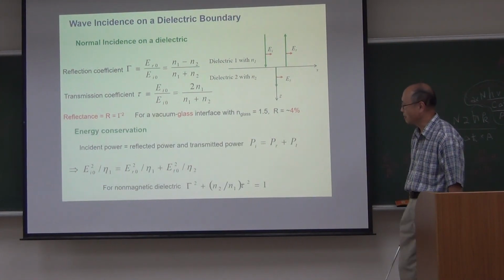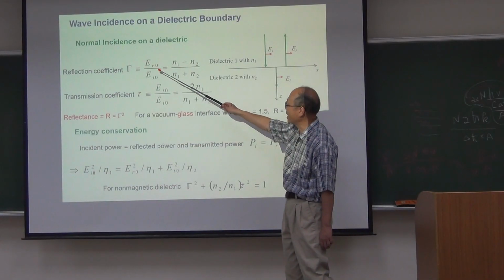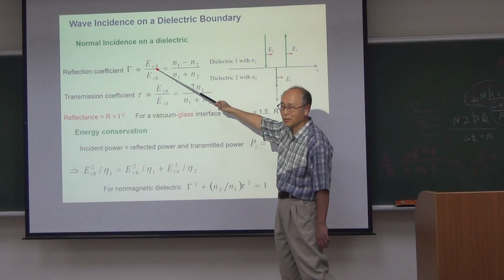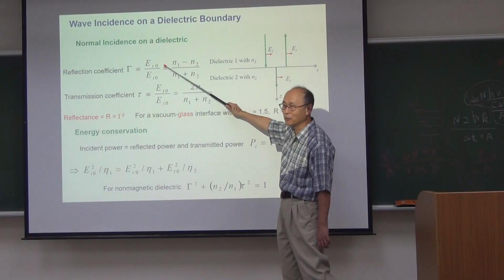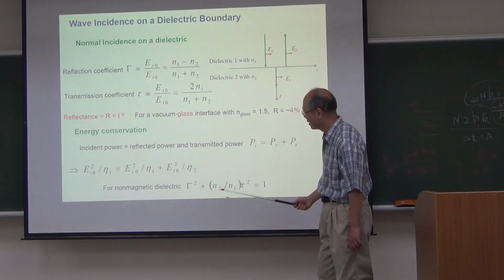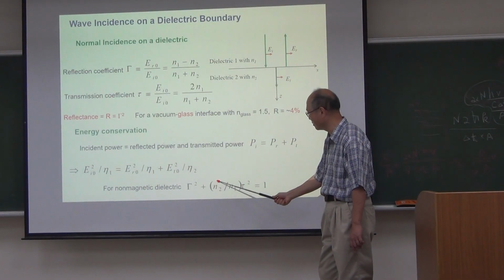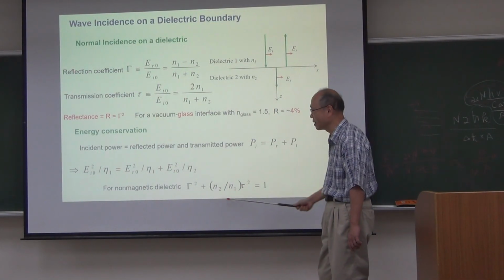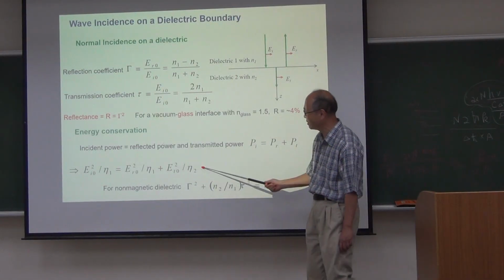Be careful that when we talk about reflection coefficient and transmission coefficient from the electromagnetic point of view, there's a factor you need to consider when you do this summation. This is based on energy conservation.